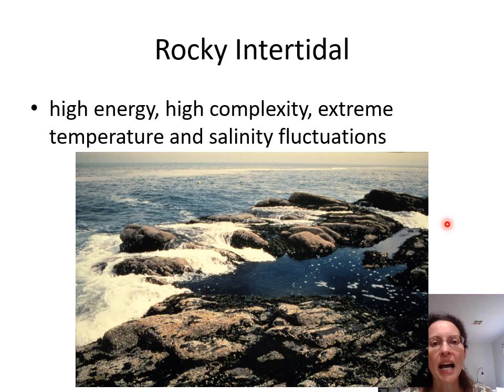So you can't really see high diversity and high biomass here. This area is going to be dominated by species that are highly specialized to handle these changing conditions. That high energy makes it a very harsh environment, along with the changing environmental conditions. So you don't see a huge diversity of fishes. The ones we do see have those adaptations.